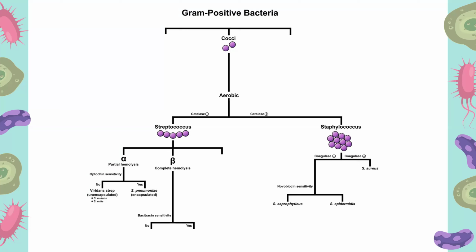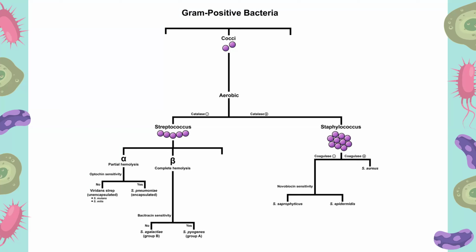So if it is sensitive to bacitracin, what is that going to be? One of my favorite bacteria? Pyogenes, exactly. If it is not sensitive to bacitracin, that is going to be strep agalactiae. Strep agalactiae is the one that is going to give me a positive CAMP test. And what does that look like? It's going to give me an arrow when it gets into contact with Staph aureus.